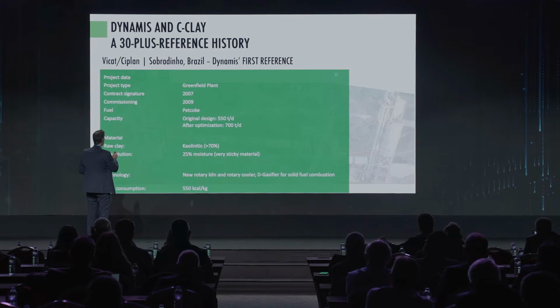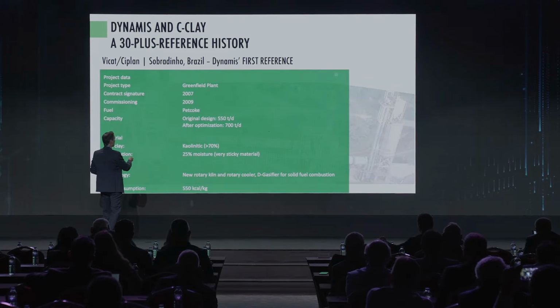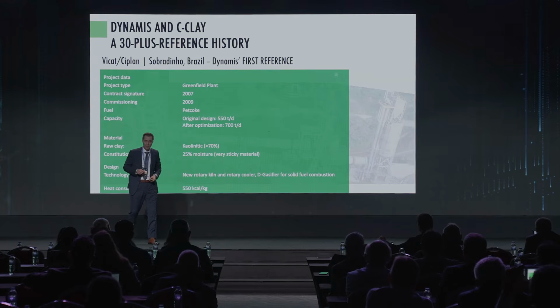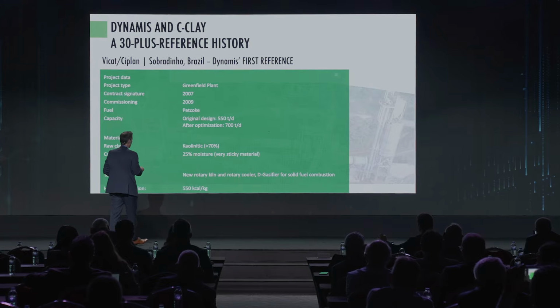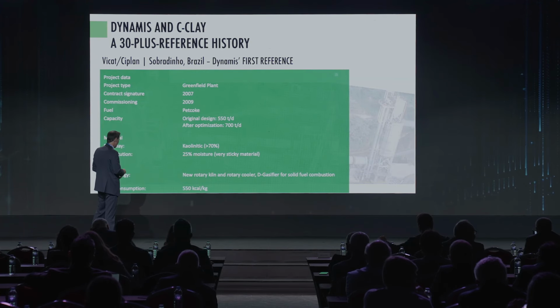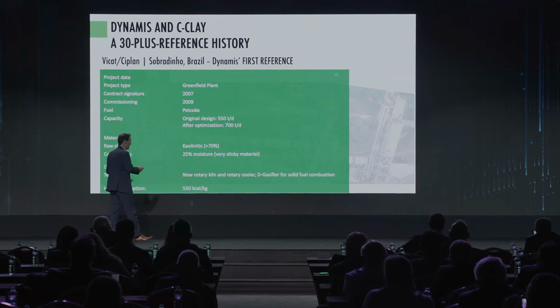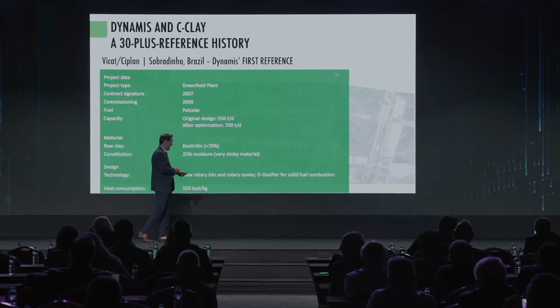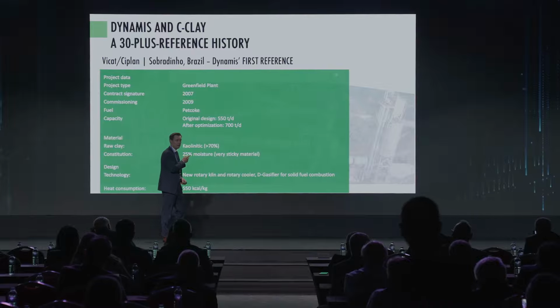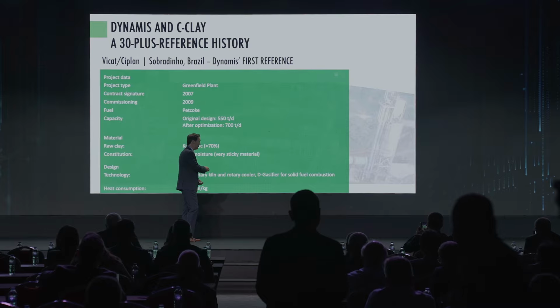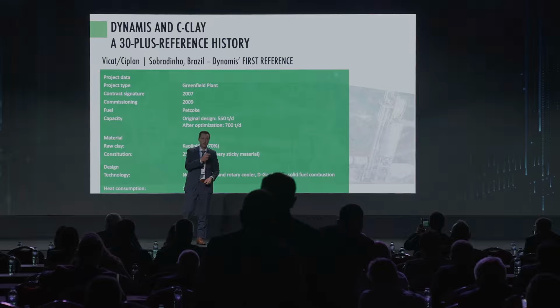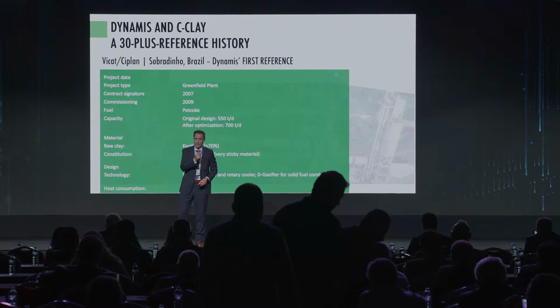We commissioned this kiln in 2009, more than 16 years ago, to produce 550 tons per day. Now we are achieving more than 700 tons per day. At that time, the technology that we knew was rotary kiln, rotary cooler, and the very first degasifier. The degasifier is the innovative equipment here for this plant.